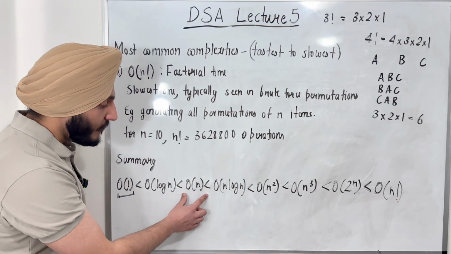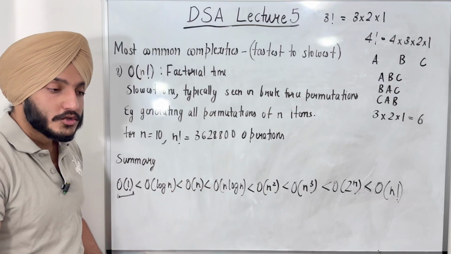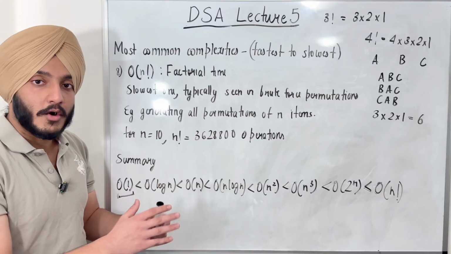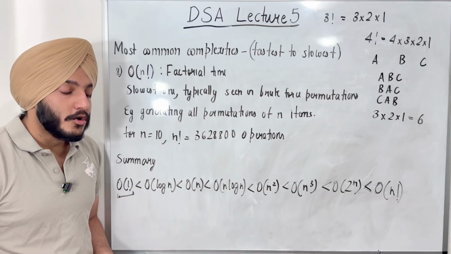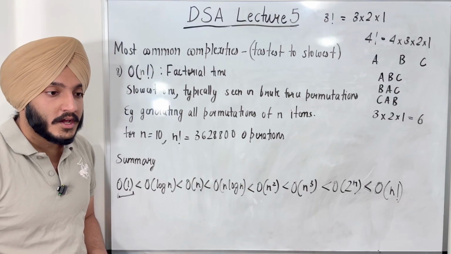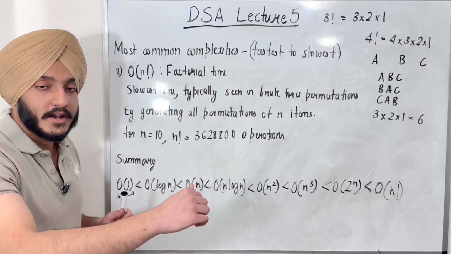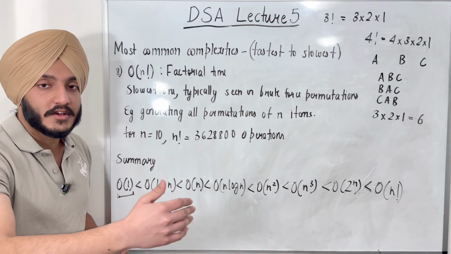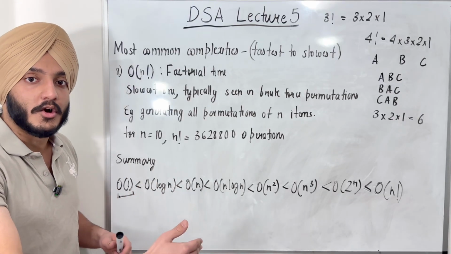Third is order of n, which is linear time. This means my time is directly proportional to the number of elements I have. For example, if I am printing all the values up to n, as the n value increases, if it is 500, 600, I would have to perform that many operations.